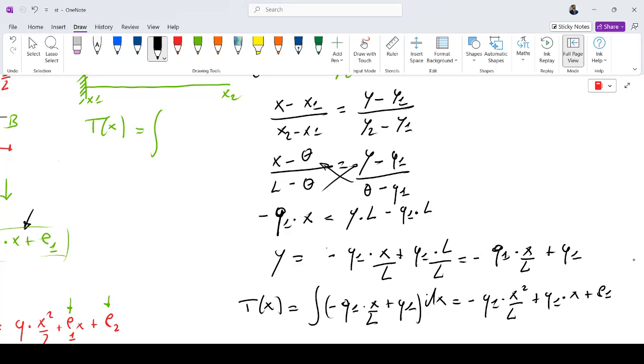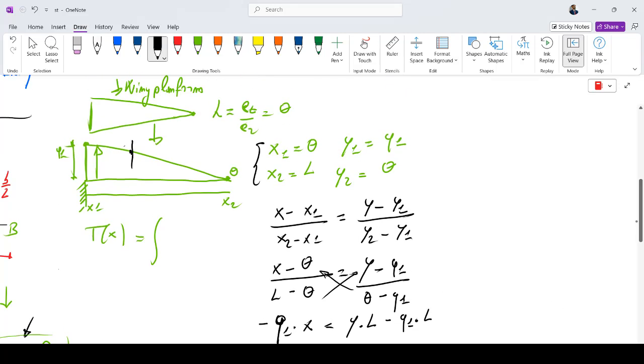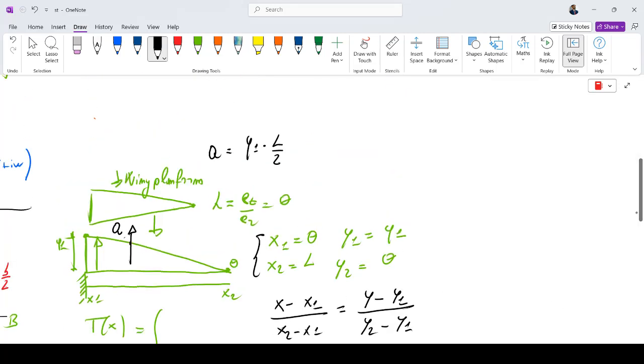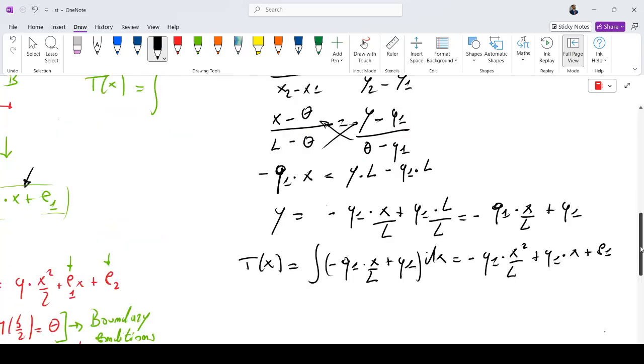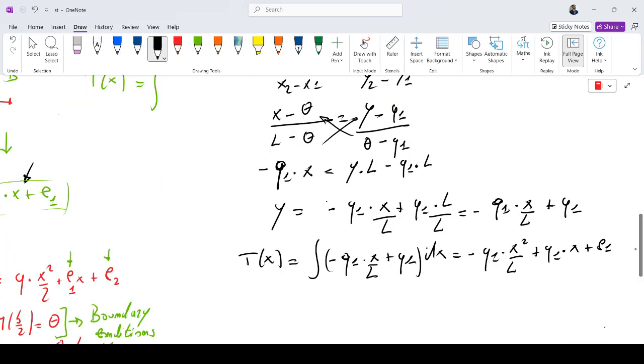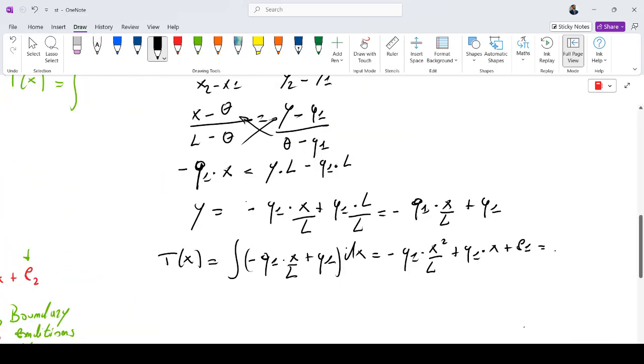But c1 is now simple to calculate, because if I put here a lumped force Q that is equal to q1 times L over 2, that is the triangular area formula, we obtain that c1 is equal to minus Q. So this is equal to minus q1 times x squared over L plus q1 times x minus Q. It is simple to calculate T as a function of x, because at x equal to 0, we have minus Q. And when x is equal to L, we have a certain value.